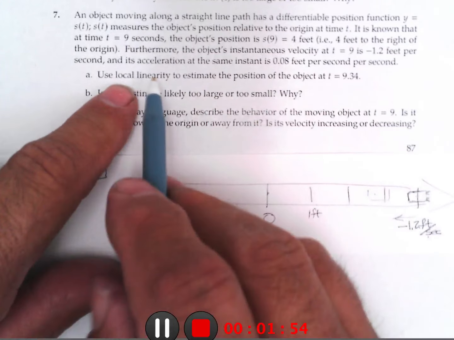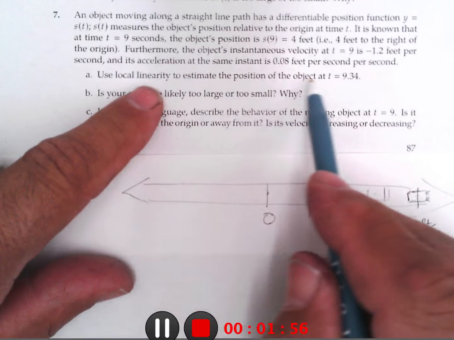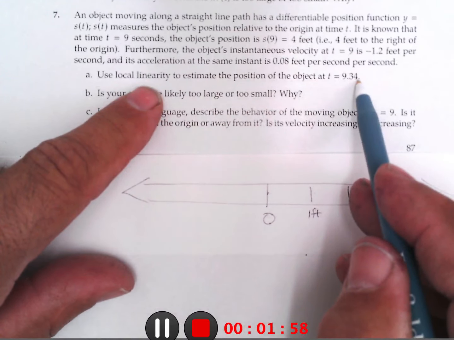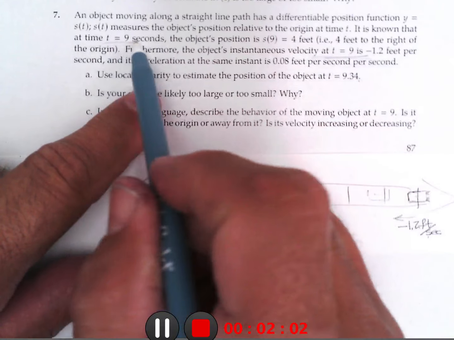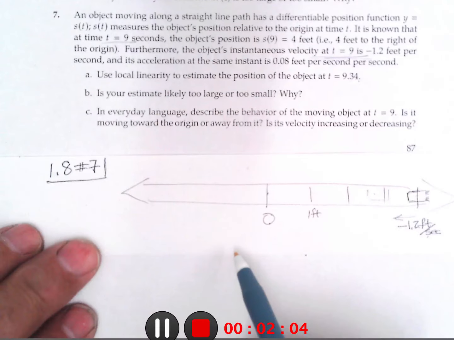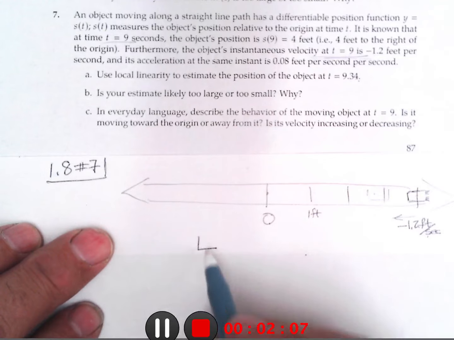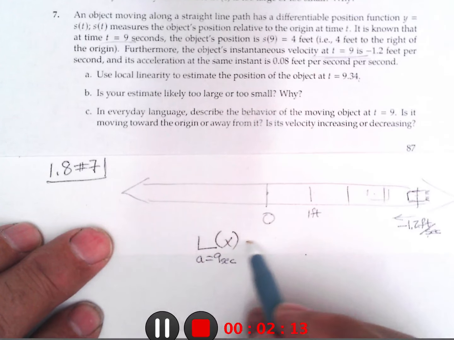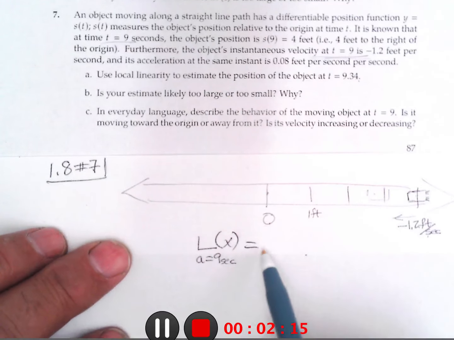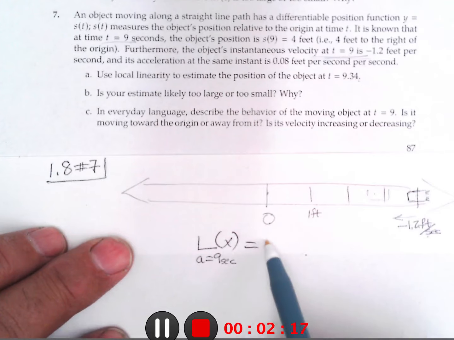Estimate the position of the object at 9.34. All the information they've been giving us is at t = 9 seconds. So our linearization will be based on a = 9 seconds. It will be the slope, or f prime, which is velocity.